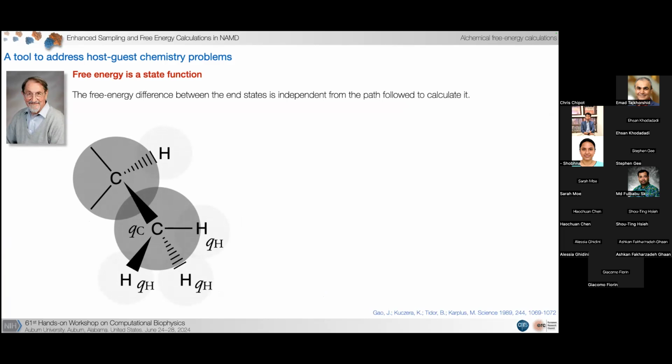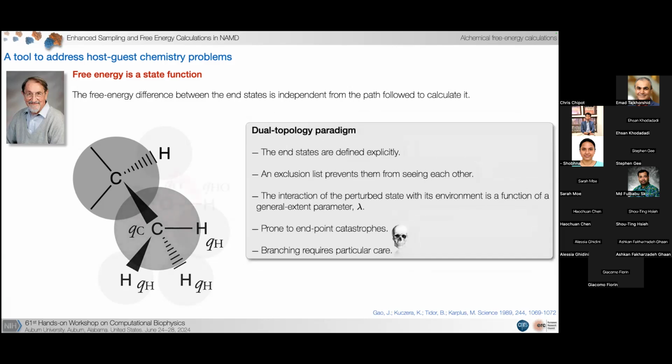When one is interacting with its environment, the other is kind of a ghost. So we are defining two topologies at the same time, and when one disappears, the other appears. This is the animation. I'm making this OH appear at the same time as this CH3 disappears.